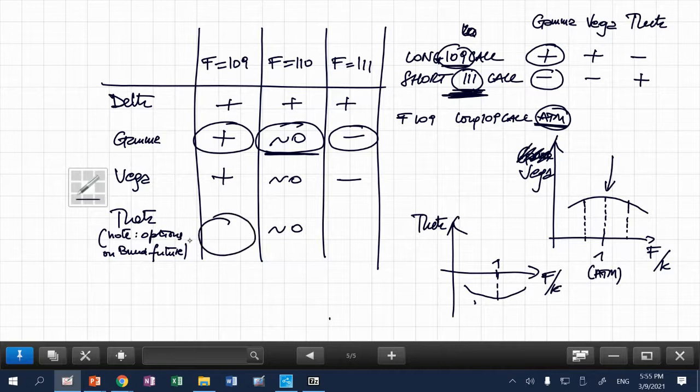Think what happens if you are here at 109. At 109, which option has the highest theta in absolute value? Again, the option which is at the money. But the option which is at the money has now a negative theta. So for theta, it is inverted. You have negative theta here and positive theta there.